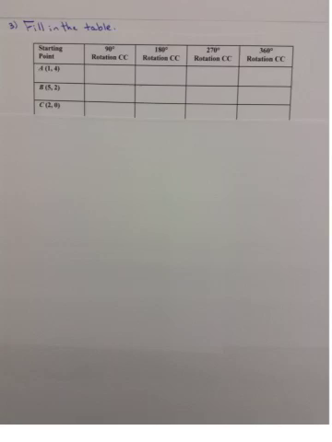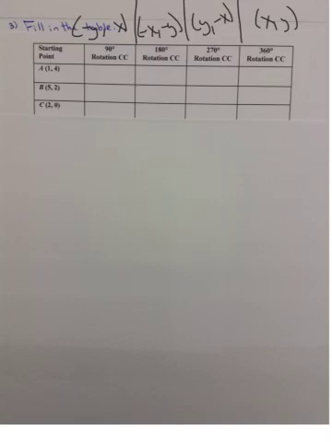Okay, so to summarize, we're just going to fill in this table. Above each one of these, I'm going to start by writing our rules. Our 90-degree rotation is going to be negative y, comma x. Our 180-degree rotation is negative x, negative y. For 270, our formula is y, negative x, and our 360 is x, y.